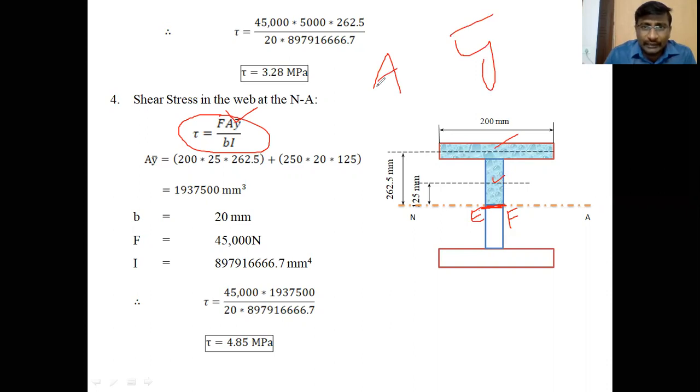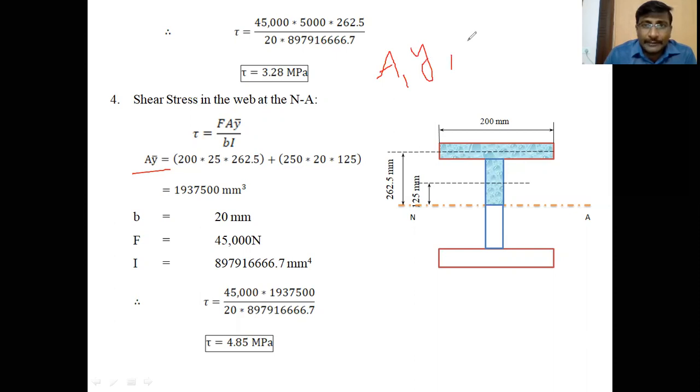But if more than one area is there, you should consider the combined A y bar. A y bar means A1Y1 plus A2Y2.